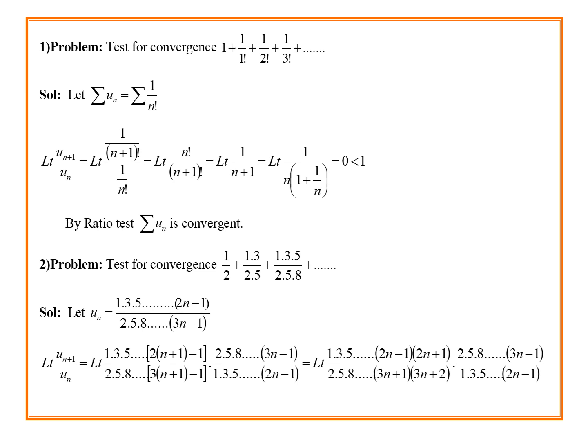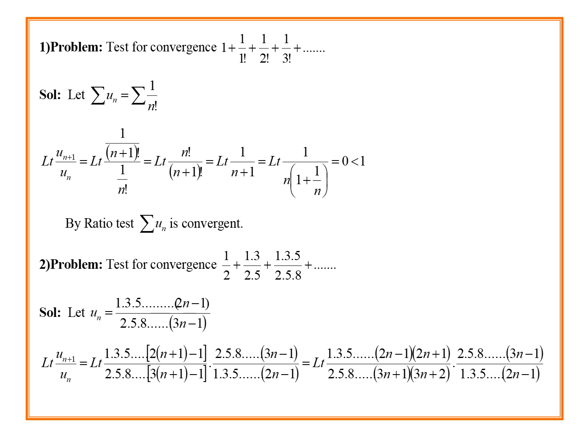So immediately we should calculate the limit of u of n plus 1 by un. What is u of n plus 1? 1 into 3 into 5 into and so on up to 2 into (n plus 1) minus 1, by 2 into 5 into 8 into and so on up to 3 into (n plus 1) minus 1, into un value.